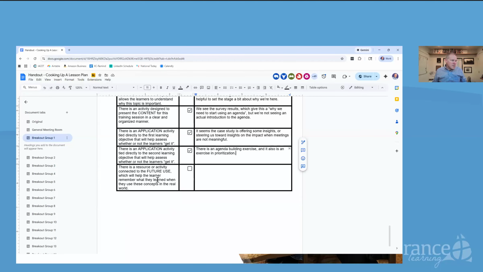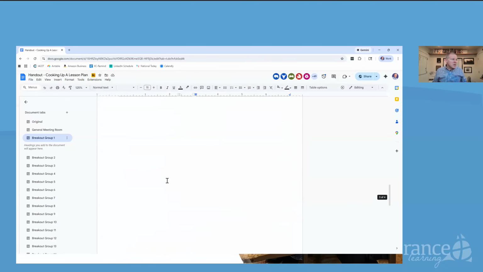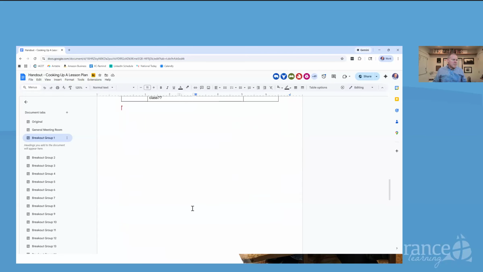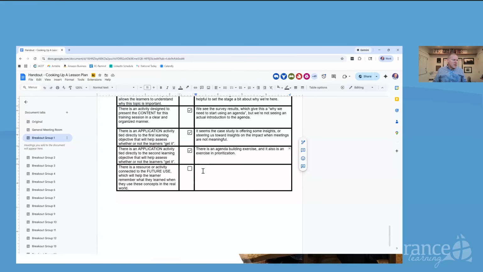Then, is there a resource or activity connected with future use? Here we have provide contact information for follow-up or provide resources. So there is information about contact info or resources. Probably need a little more time to build this lesson plan out more completely.